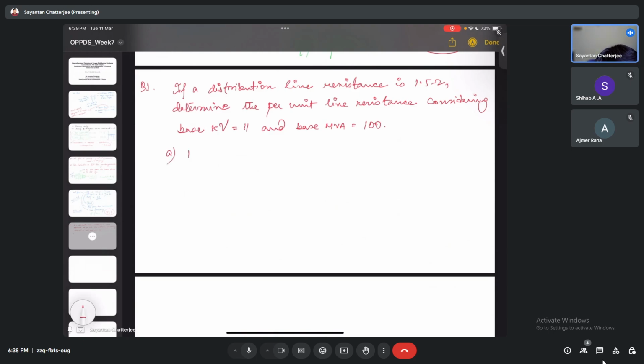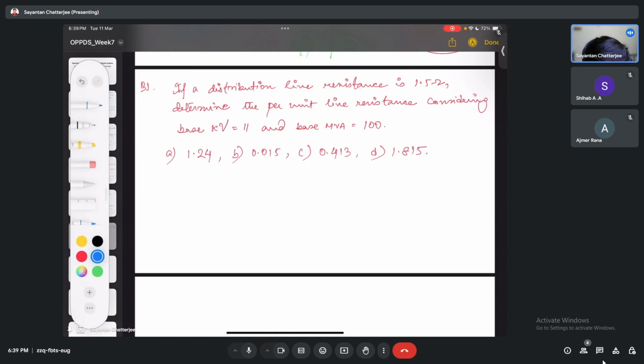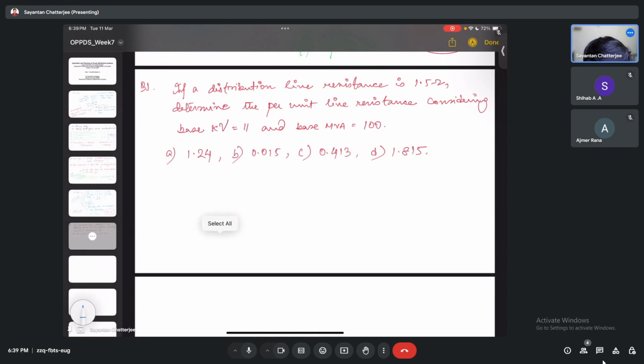Option A was 1.24, B was 0.015, option C was 413, and option D was 1.815. Okay, so let's solve it very fast.